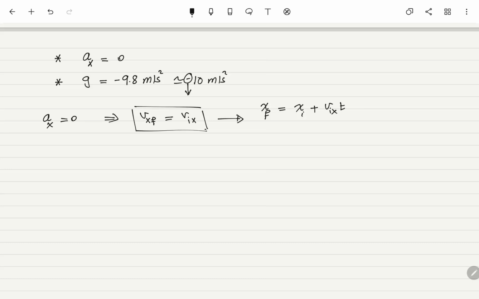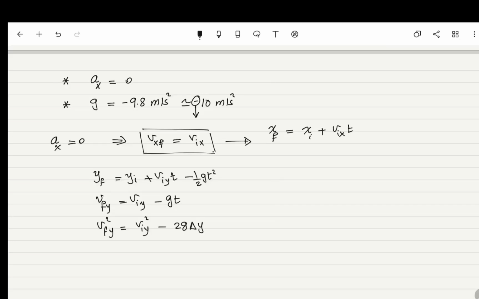On the y-axis we have three major equations: y final equals y initial plus v initial y t minus half g t squared, v final y equals v initial y minus g t, and v final y squared equals v initial y squared minus 2g delta y.